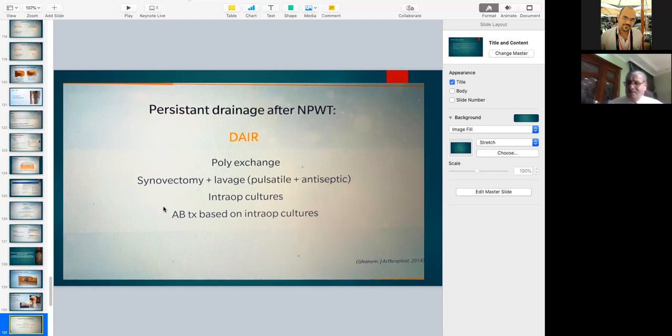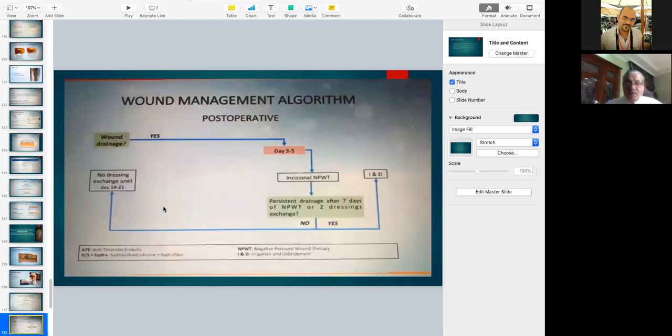How to manage the wound in general, which we can use on our ward everywhere: if there is wound drainage for 5 days, you go to VAC. If it continues after the VAC, you go to DAIR.